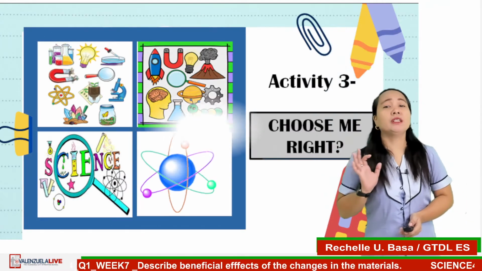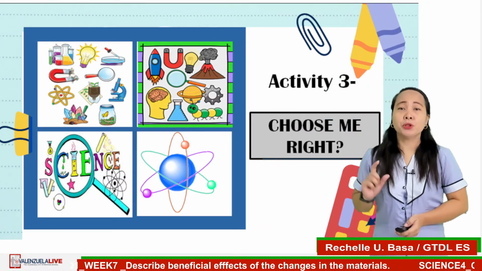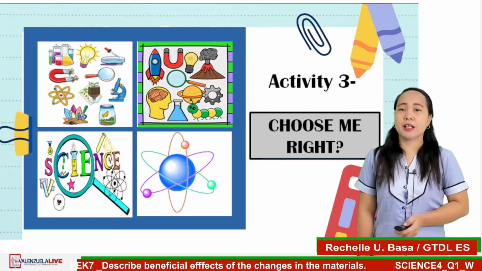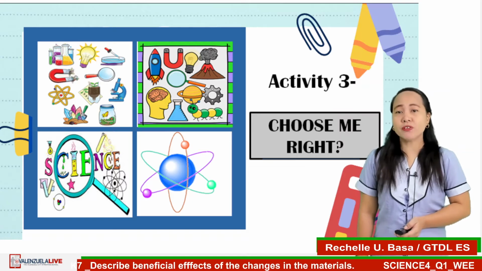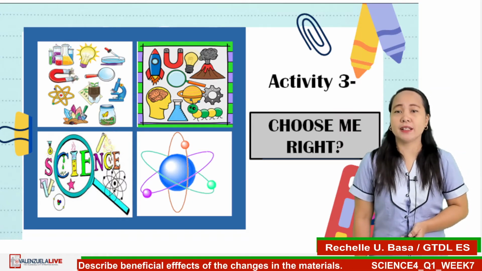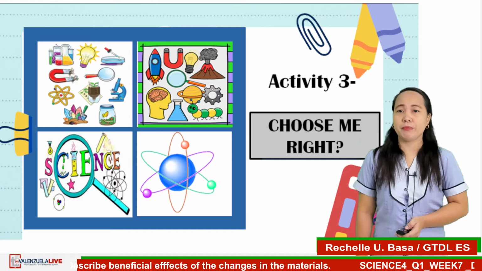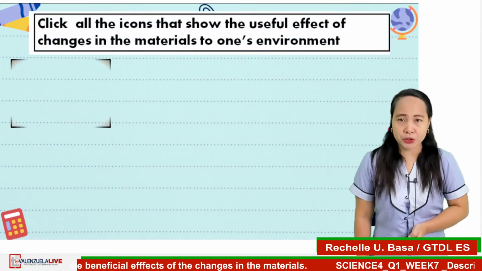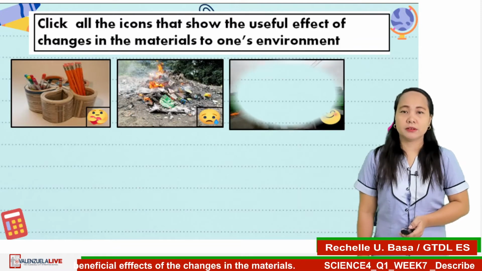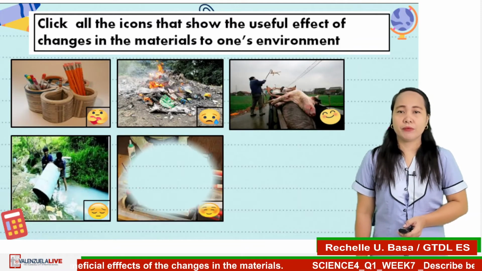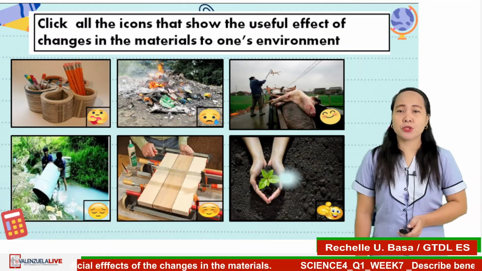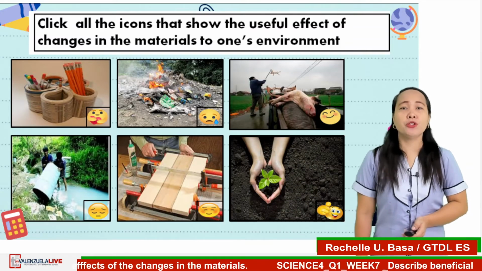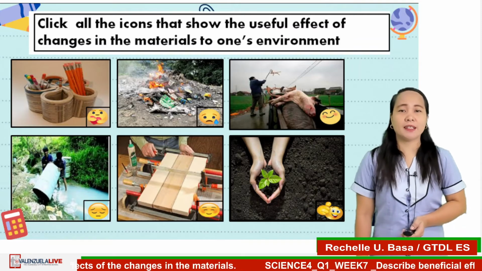And for the activity 3, choose me right. Click all the icons that will show the useful effect of changes in the material to one's environment. Let's have all the pictures to be shown. You're gonna choose or click the icons that show useful effect in the changes in the materials.